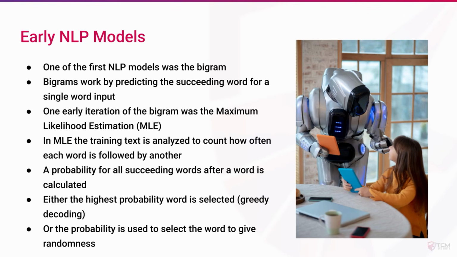After training, when the model is processing data, which we refer to as inference, to select the next word, either the highest probability word is always selected. This is called greedy decoding. Or the probabilities are used to select a word to give randomness.